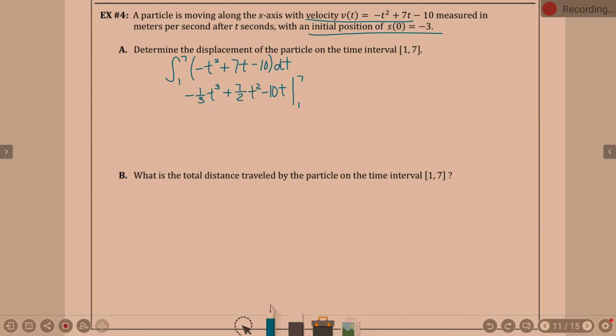So, did we get that? Negative 1/3 t cubed plus 7/2 t squared minus 10t. You can evaluate it by hand, you can use the calculator, and we'll start off with that answer tomorrow. Sound good? Yay! And then we'll still have to talk B. But B is going to take me a moment to talk about.